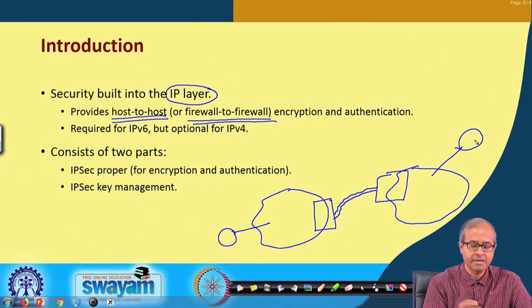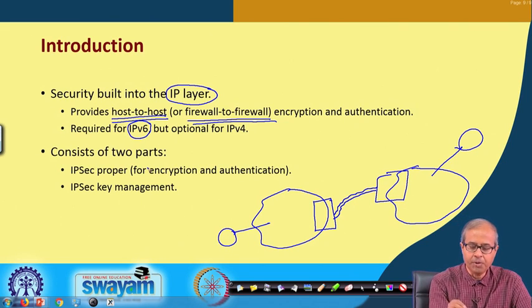Now, these security features are normally not used in IPv4, it is optional, but if you are using IP version 6, then you must have this feature incorporated or built, because it will be used.